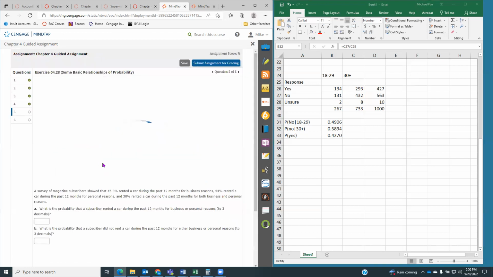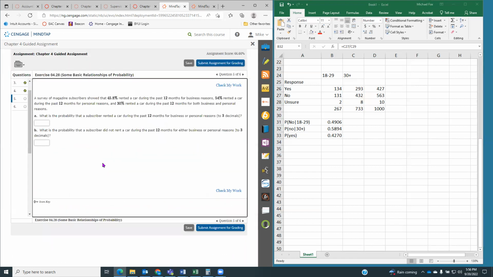All right, so we'll move on to number 5. A survey of magazine subscribers showed that 45.8% rented a car during the past 12 months for business reasons. 54% rented a car during the past 12 months for personal reasons. And 30% rented a car during the past 12 months for both business and personal reasons.